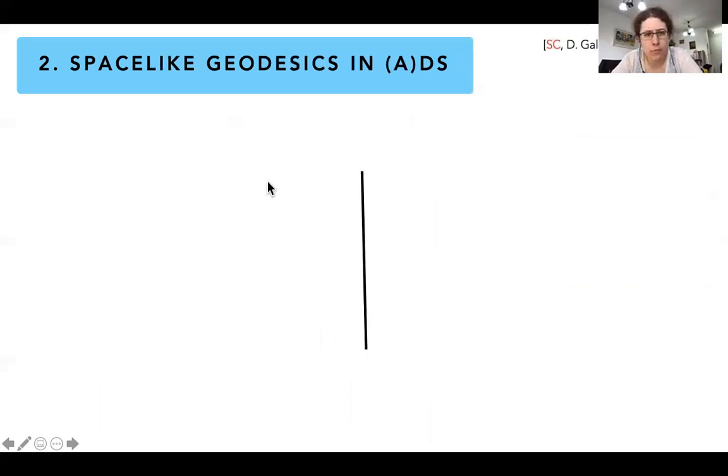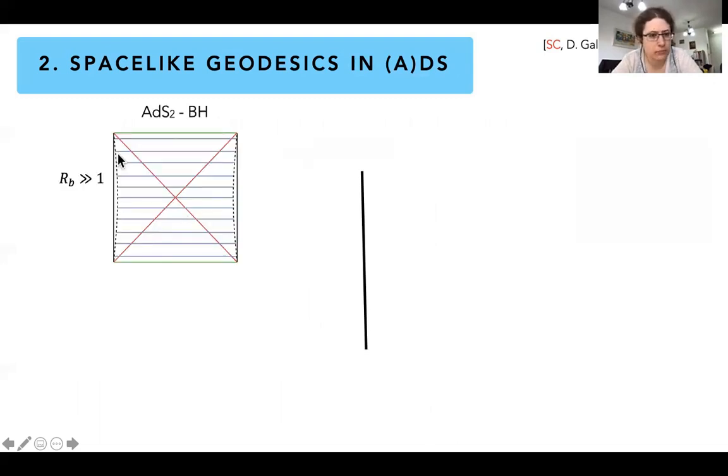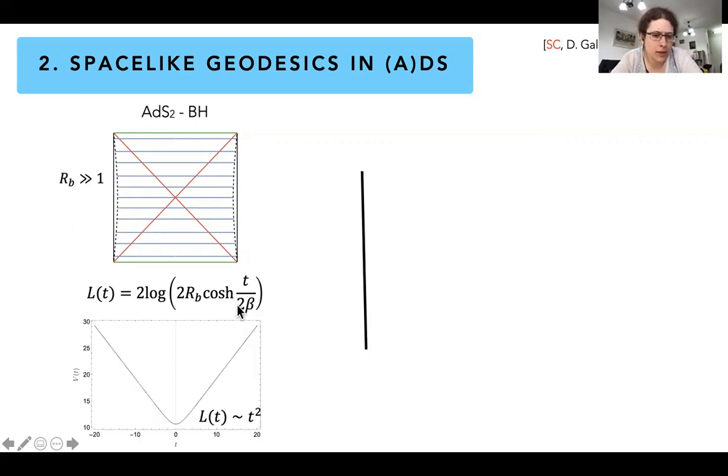So here is now a comparison between what happens in dS and what happens in AdS. In AdS, these are the geodesics. Essentially, they are very simple. There is a cutoff that we put so that things don't diverge, at some value r_b, the boundary radius. And the length of geodesics looks like that. It's essentially something like log of cosh, such that at late times, when t is large, the cosh is dominated by an exponential, and this essentially goes linearly with time.